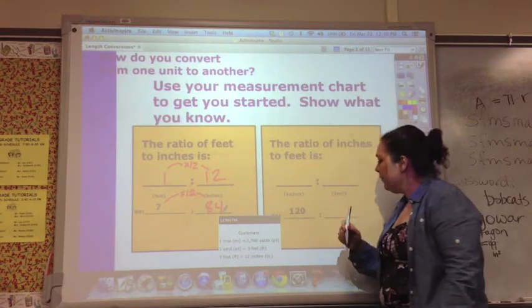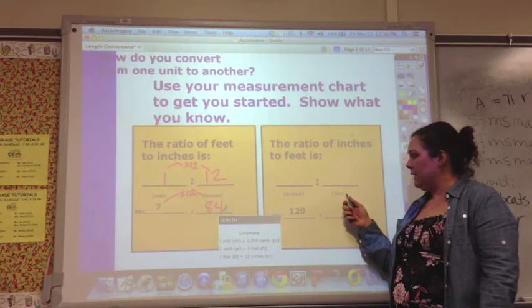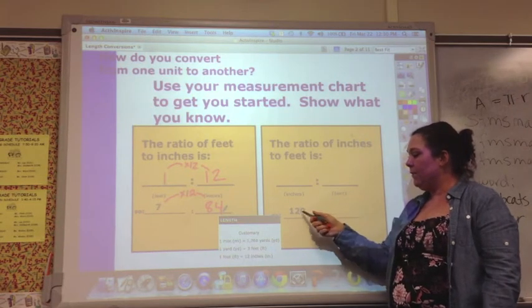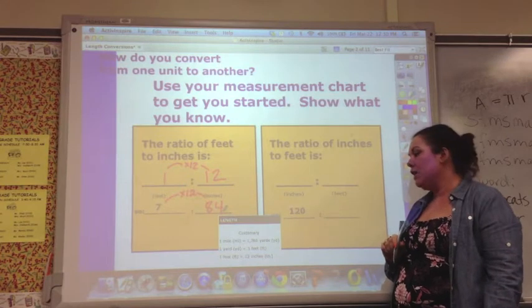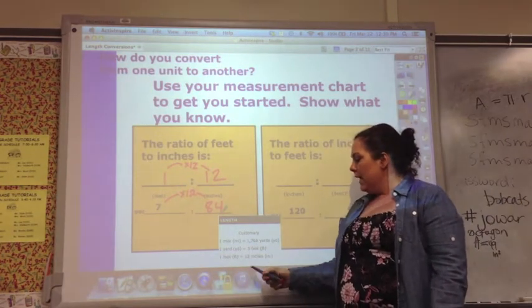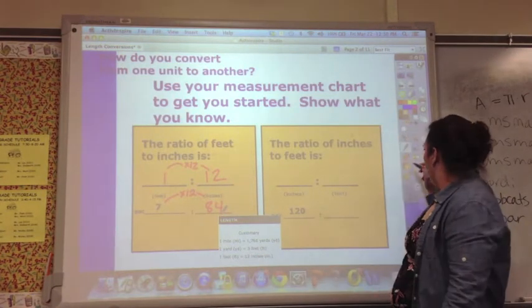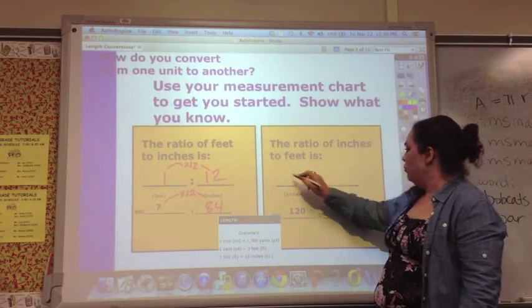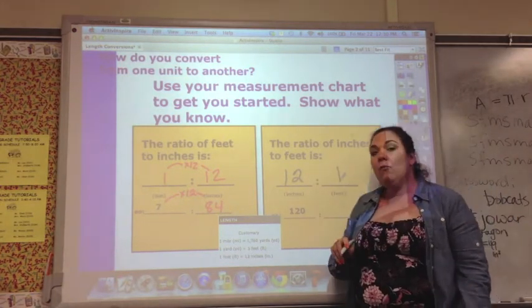Now let's look at another one. Let's look at one going backwards. We've got inches to feet. And the question is, if you have 120 inches, how many feet is that? So I look at my conversion chart and I say, okay, I need to know inches, and it's 12 inches in 1 foot. So now what's going on?